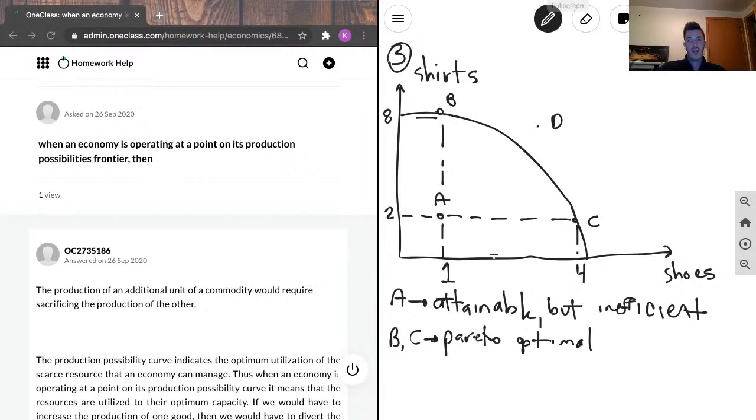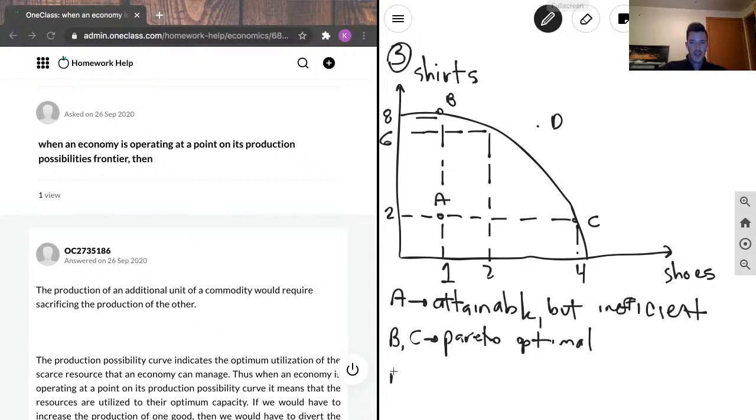So say we want to move to 2 pairs of shoes. We can do that, but we're going to have to give up 2 shirts. So again, you can't make one person better off without making someone worse off. In this case, you can't produce any more shoes without giving up some shirts, and vice versa.